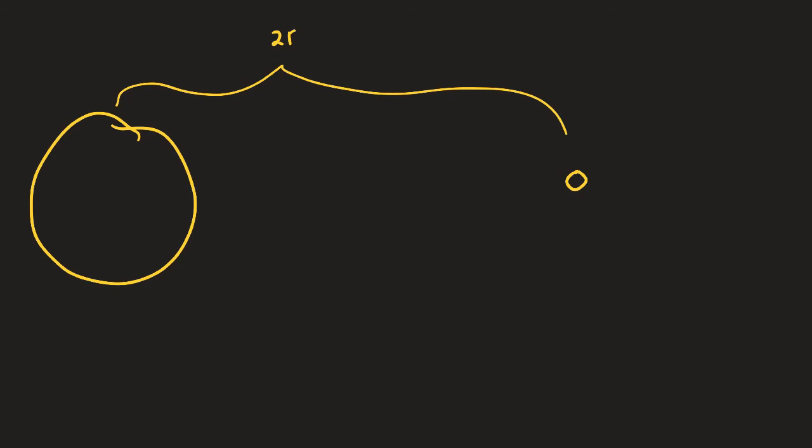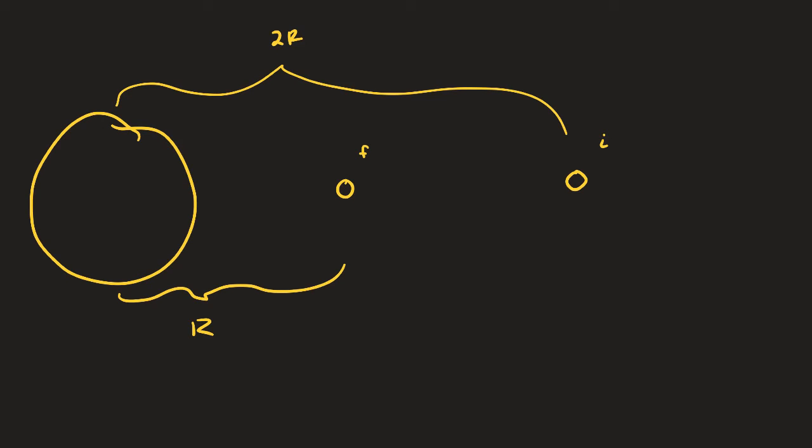Imagine I have a large object here, and I place an object a distance 2r away from that object, and I release it. Eventually, the object will make it to here, a distance 1r away. So this is my initial location, and this is my final location.